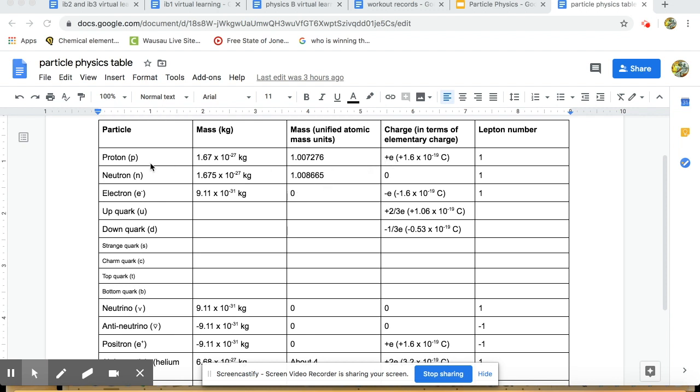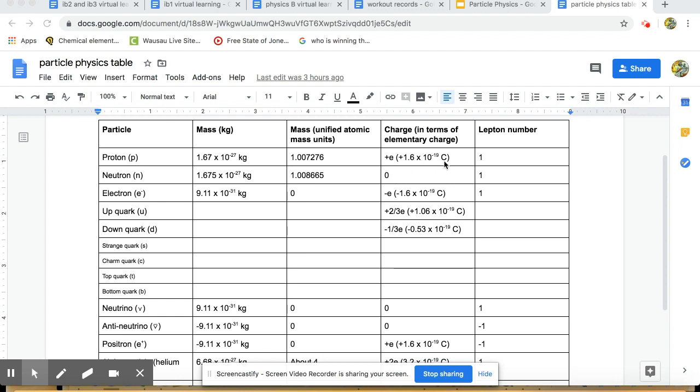Now, the charges of each of these, a lot of times we denote the charge of a proton as just plus 1, but in reality it's actually plus e. e represents the elementary charge, which is 1.6 times 10 to the minus 19th coulombs. And then an electron would be either negative 1 or negative e, more specifically. In terms of coulombs, it would be negative 1.6 times 10 to the minus 19th coulombs.